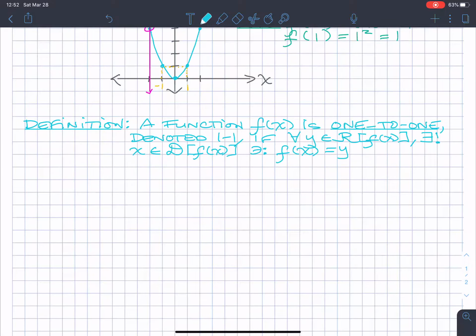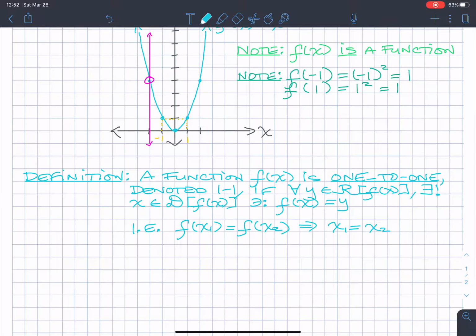That is, if f of one value of x is the same as f of a different value of x, the only way this is true is if they're the same. Notice above, I had two distinct values of x for the same value of y. That's not 1 to 1.